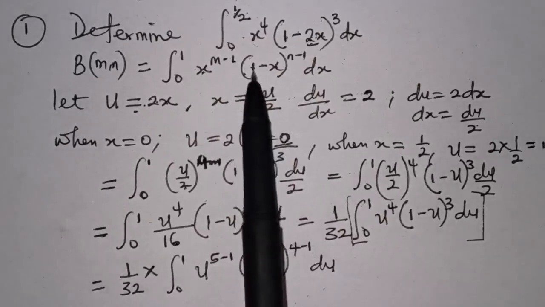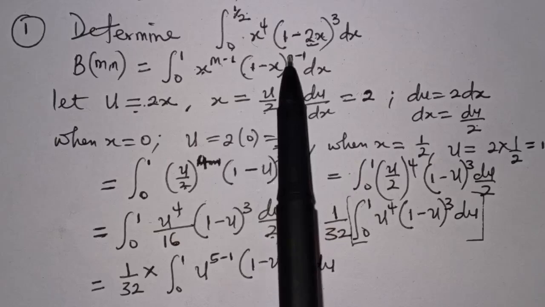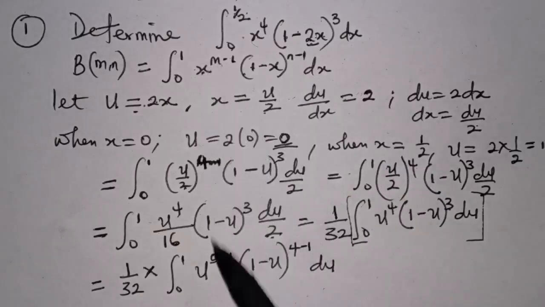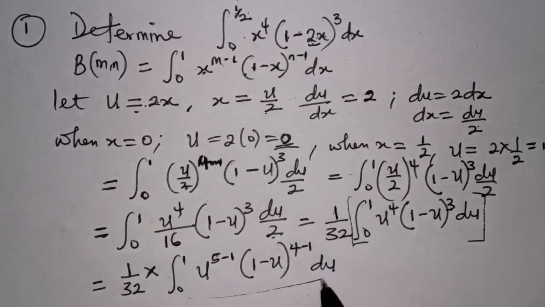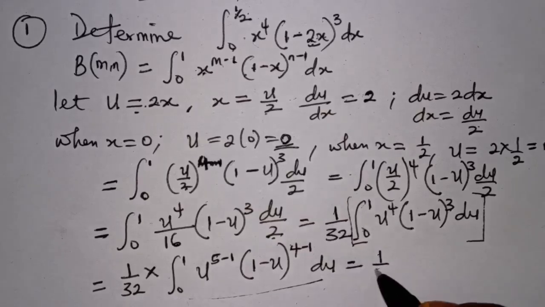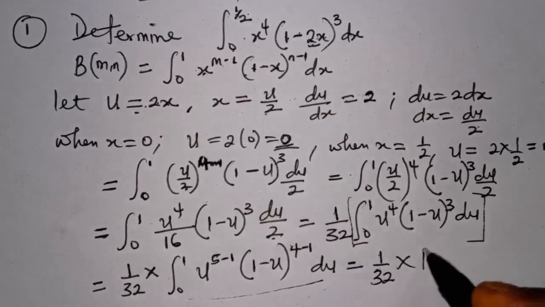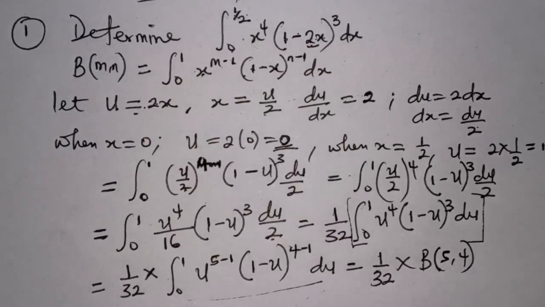If this is beta of m and n, then m here is 5, n here is 4. It means that this is beta of 5 and 4. So we have 1 over 32 times beta of 5 and 4. That's it. So we now have to evaluate beta of 5 and 4.